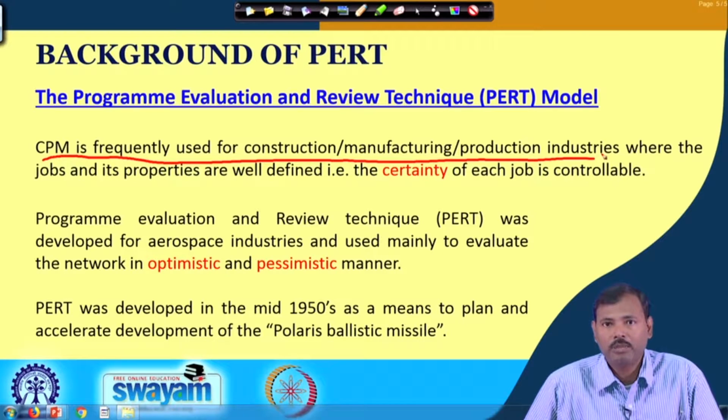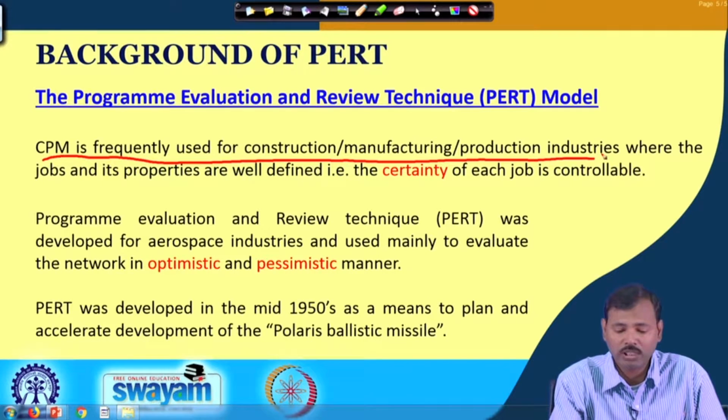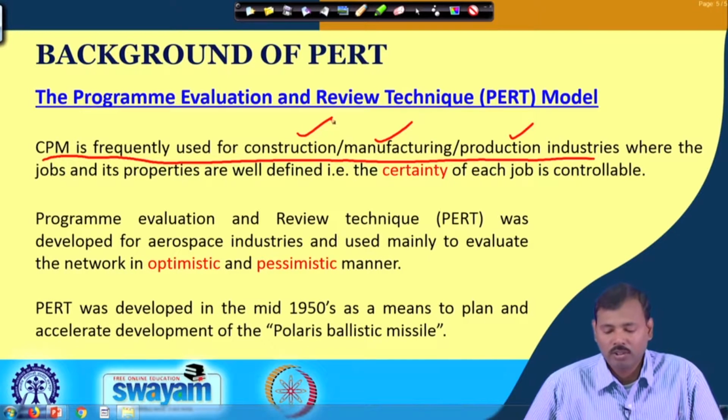That time is fixed because all the machine controlling measures or artificially controlling measures are automated. In those conditions the deterministic approach may be accepted. That is why in most cases of construction, manufacturing and production, deterministic attributed properties are there, and critical path method is applicable to those conditions.